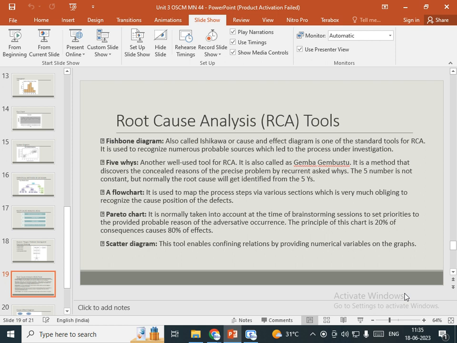The principle of this chart is that 20% of causes produce 80% of the effects. Last, we have the scatter diagram. This tool enables confirming relations by plotting numerous variables on the graph.